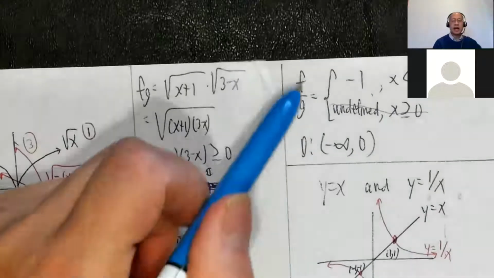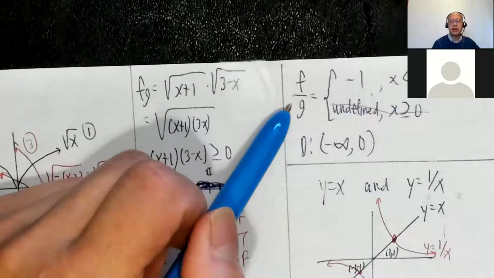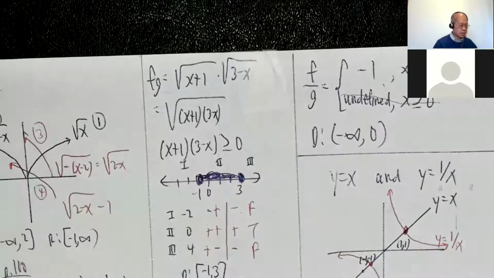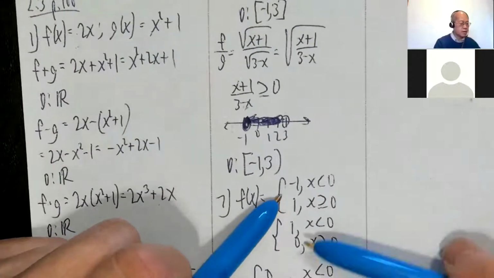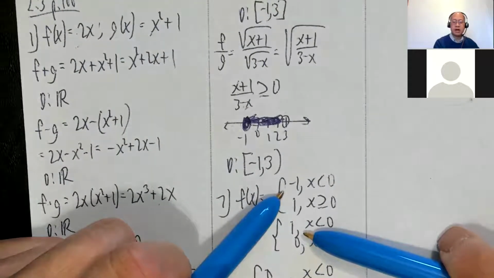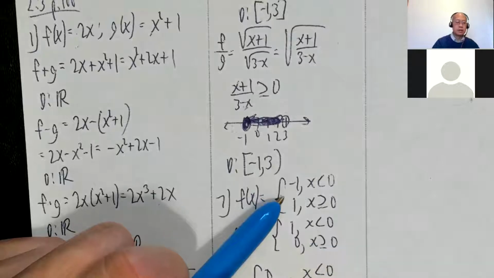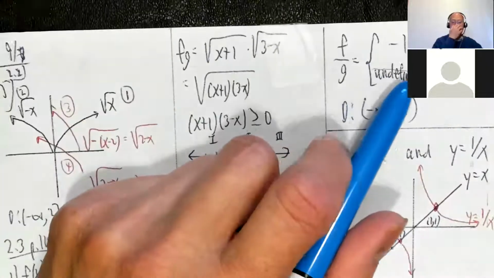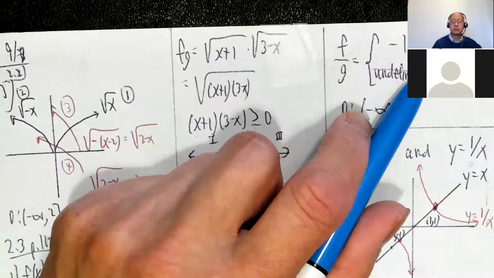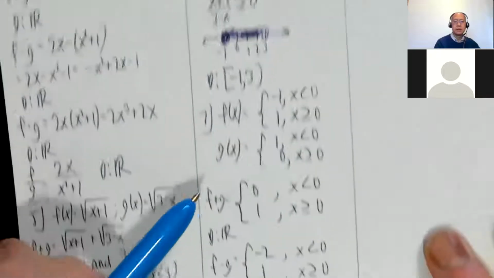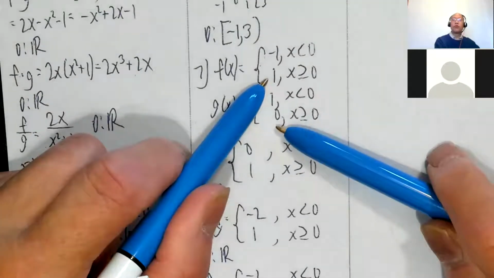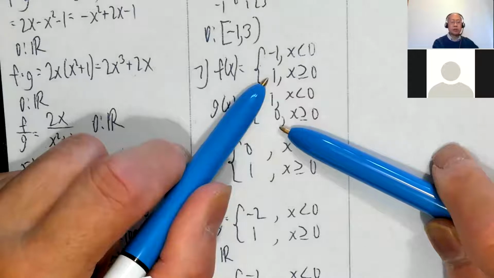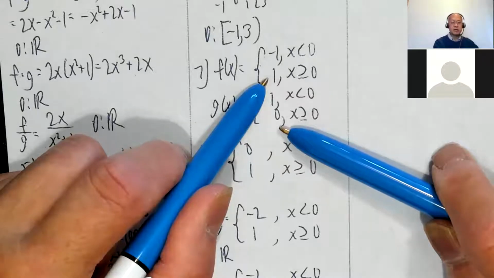Okay, then finally, f divided by g. Divide -1 divided by 1, -1, if x is less than 0. Greater than or equal to 0: divide 1 divided by 0.